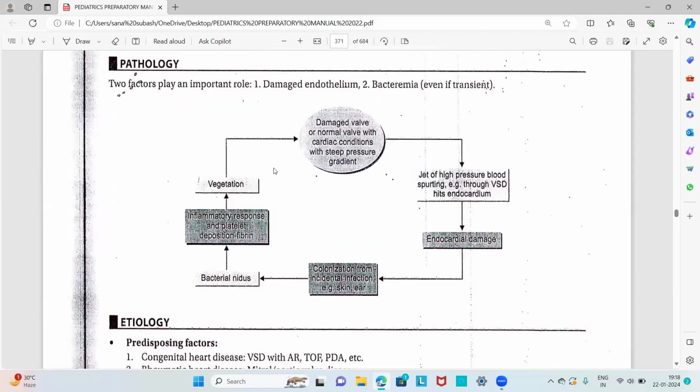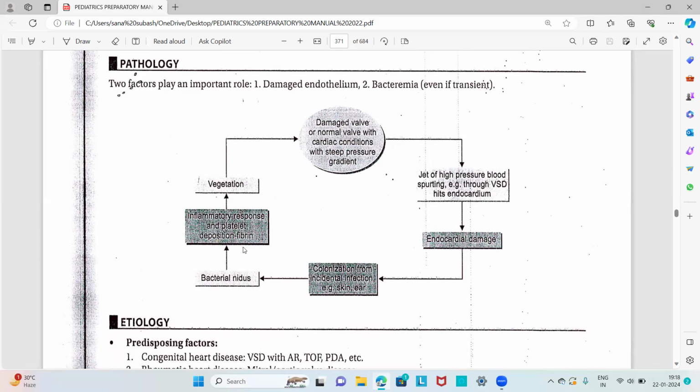So first there will be a damaged valve because of this high jet pressure of the blood. There will be endocardial damage, and if there is an infection anywhere other than the heart, there will be colonization into the endocardial damaged area and formation of a bacterial nidus.